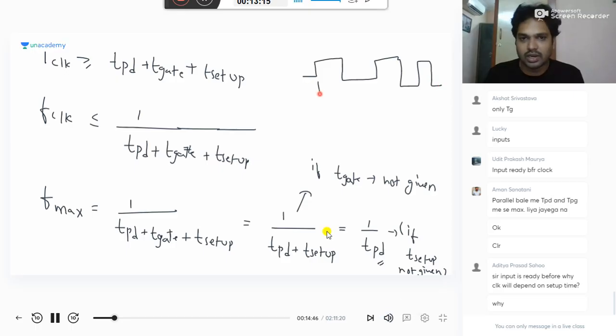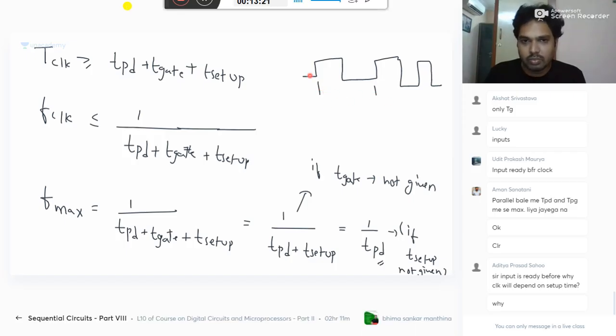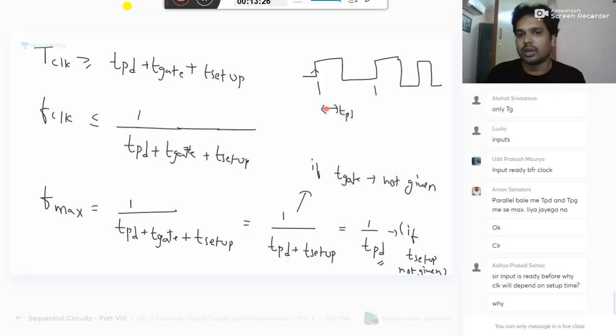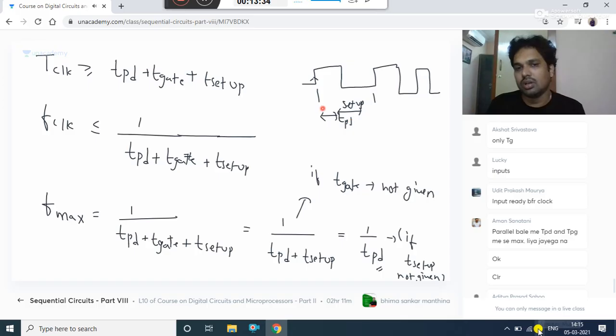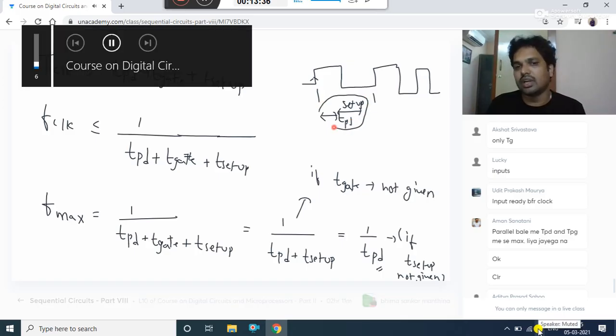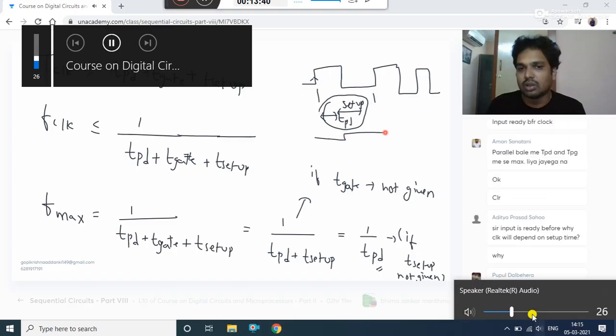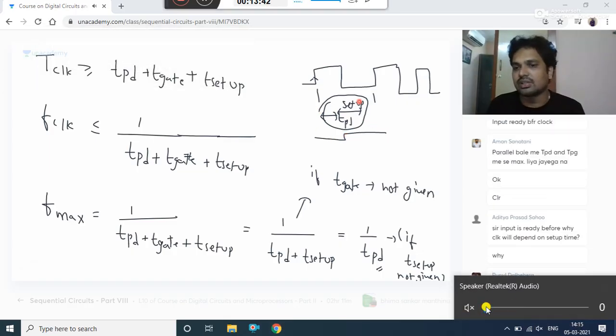You tell me, here you applied the flip-flop data at this point of time. You have applied the clock. It requires a TPD. Okay. Then you require a little more time. What is that? For setup of the next input. Yes or no? So this is the minimum time you should wait before getting the next clock pulse. After TPD, you may get your output. But for the next input, you should wait for setup time.